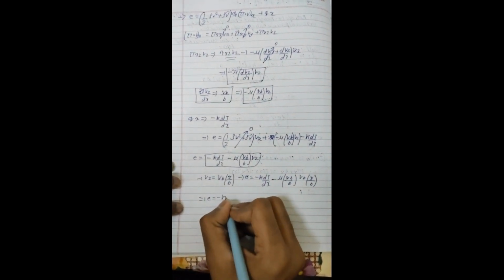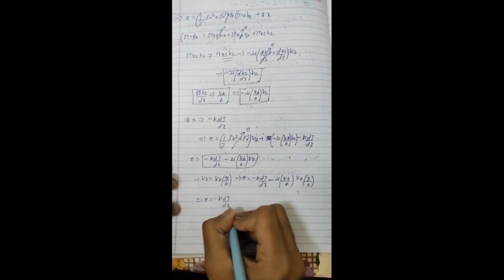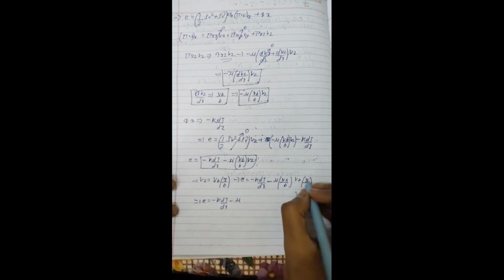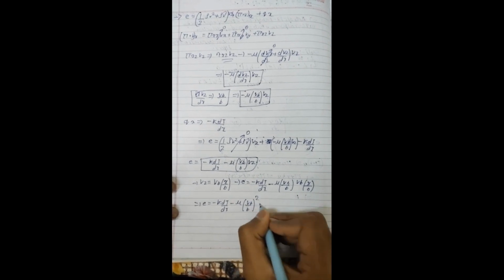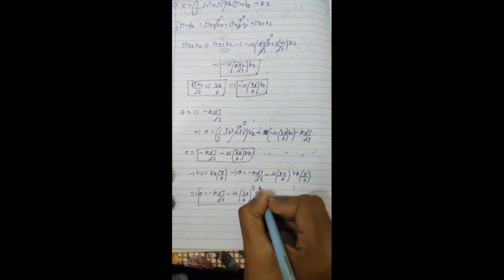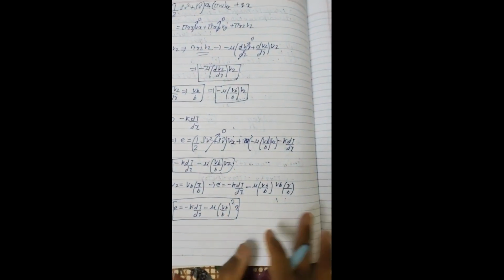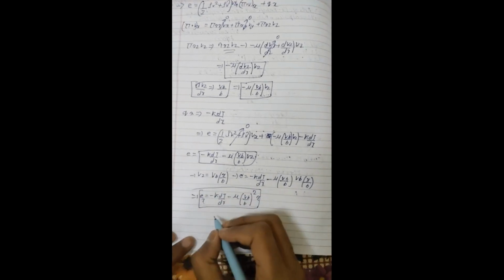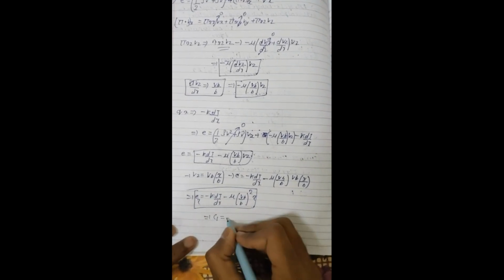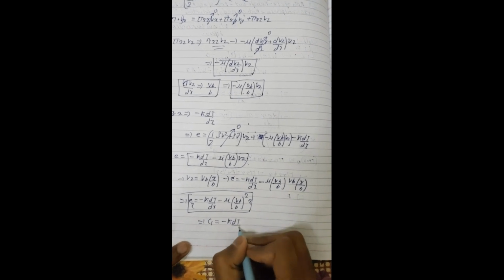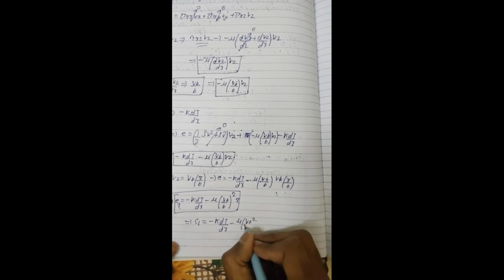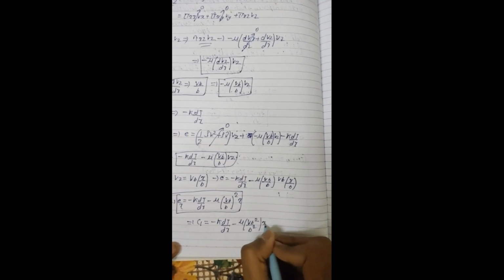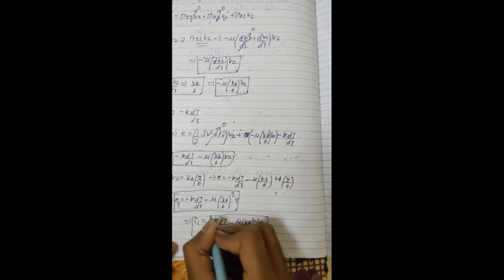So E is minus k dT upon dx minus mu (Vb upon b) whole square into x. We got the particular value of energy flux. Now we need to get the value of C1. We know this is Ex, and Ex we already know is C1. So this is minus k dT upon dx minus mu Vb square upon b square into x. We got the value of C1.